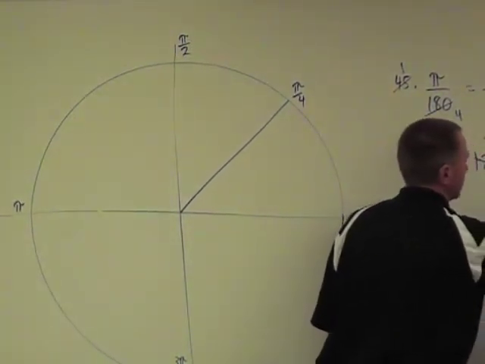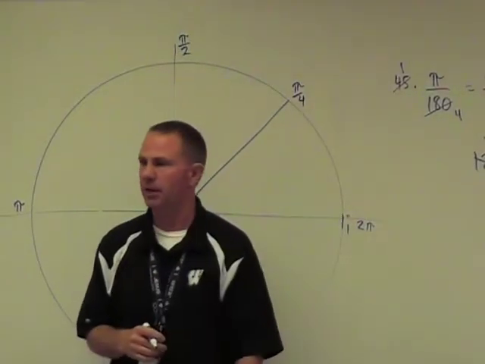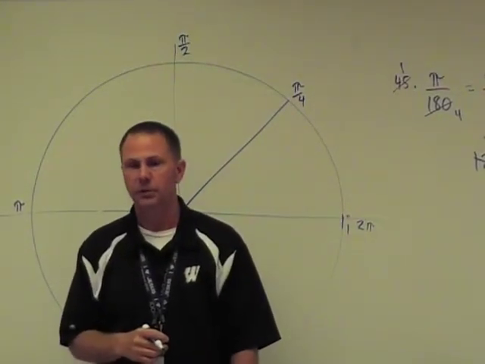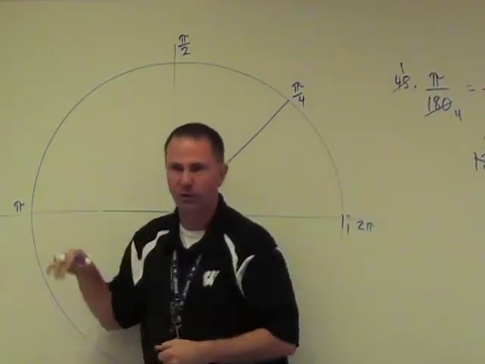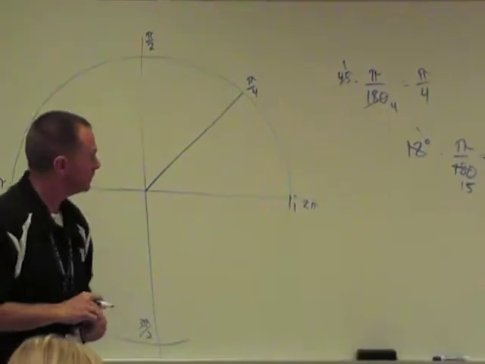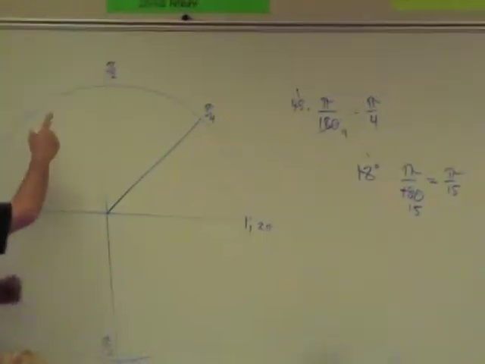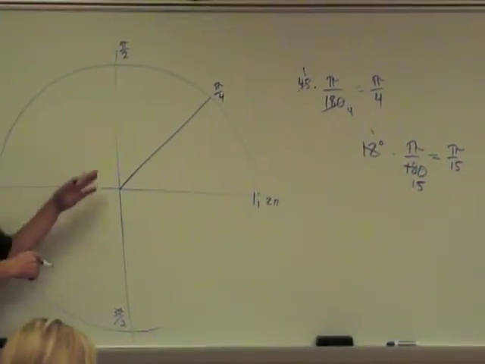Pi over 15. So 12 degrees, the reference point would be pi over 15. This is how you can do it even if you don't know how to do a right triangle and figure it out. So two different ways. You can add and subtract pi's until you get the right thing.